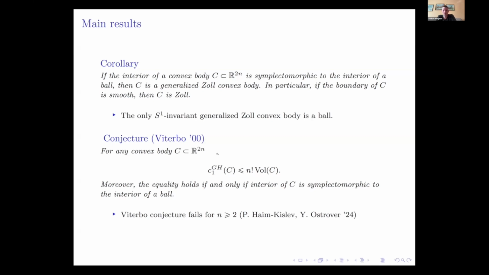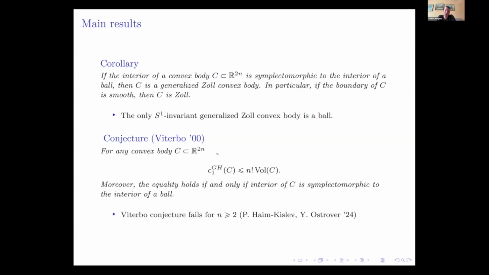But also there are some partial results where people show that, at least in a smooth case, Zoll convex bodies are local maximizers of systolic ratio in a C2 topology. So maybe also in the context of the first part of the conjecture. It is not known generally, if one goes to a non-smooth setting, what the systolic ratio of a generalized Zoll convex body would be.